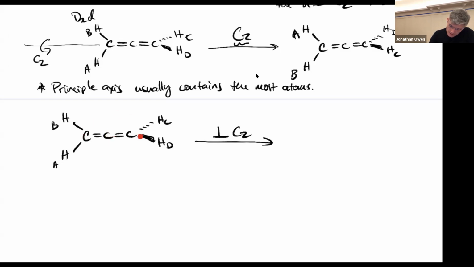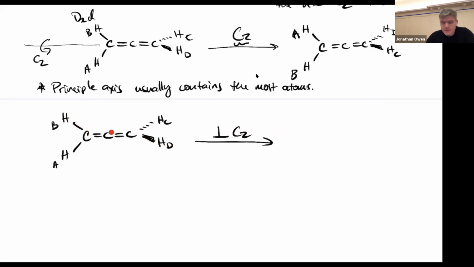I'm going to send this guy over to this side, and I'm going to send this hydrogen here over to this position. I'm going to send B to D. So I can't really illustrate it to you, but this guy is orthogonal to the paper, that's the CHD bond, the CHB is in the plane.